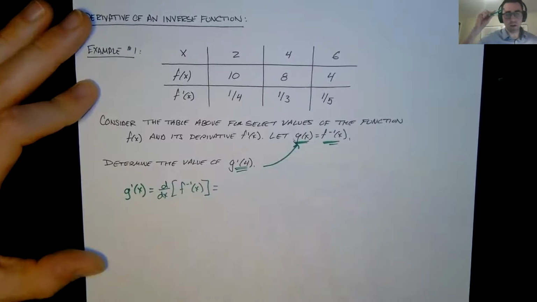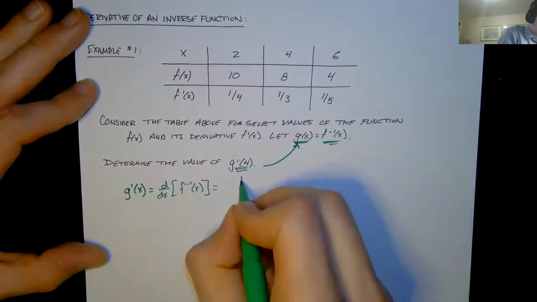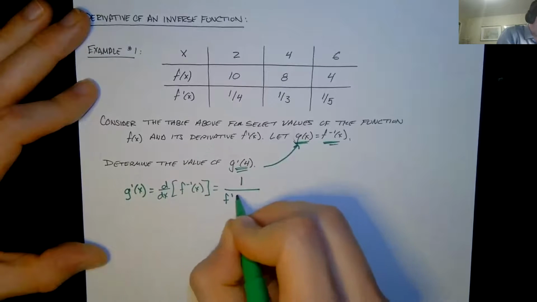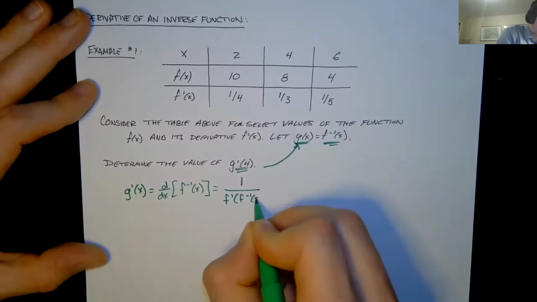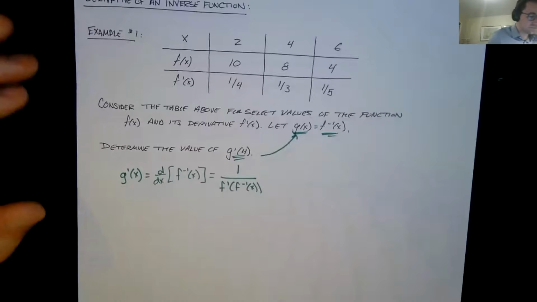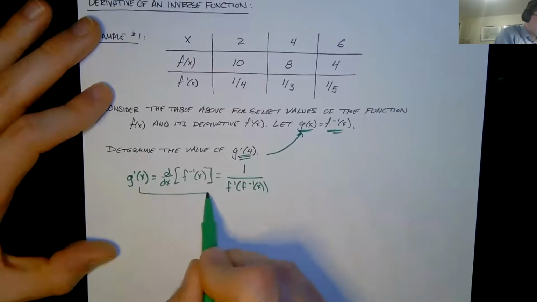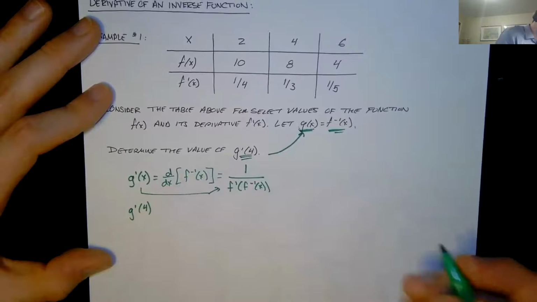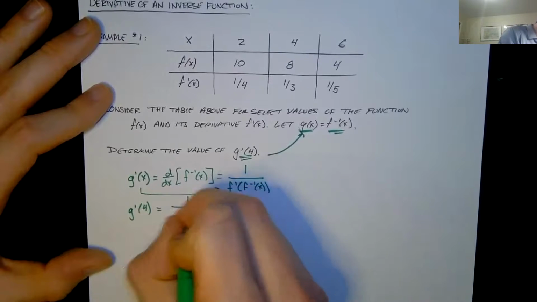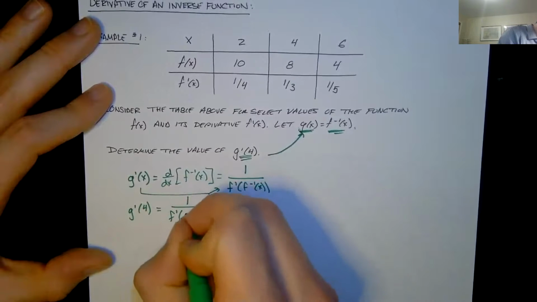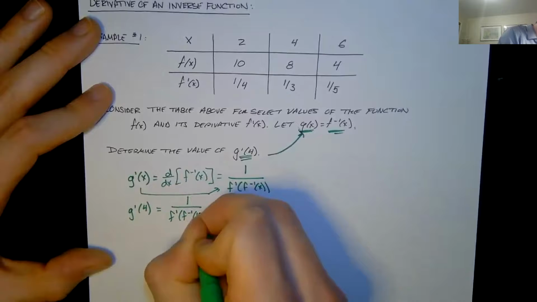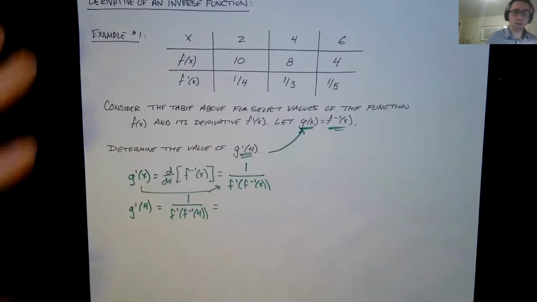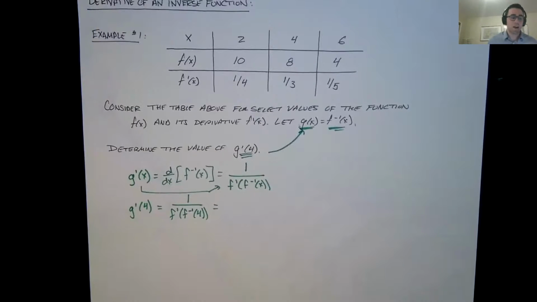And then I've got to think in my head, what is that formula? It is 1 over f prime of f inverse of x. And so this equals that. So then if I want g prime of 4, that will be equal to 1 over f prime of f inverse of 4. And then we want to evaluate this from the inside out.